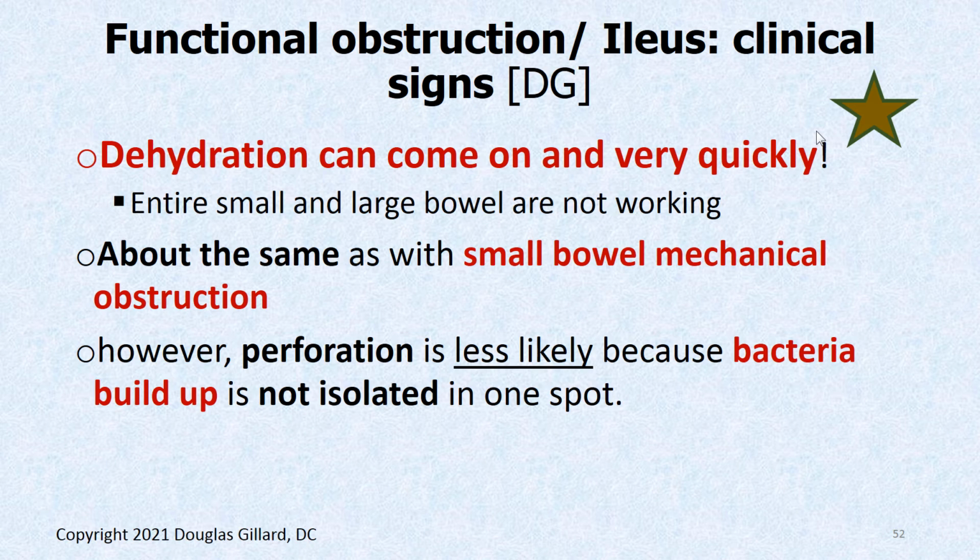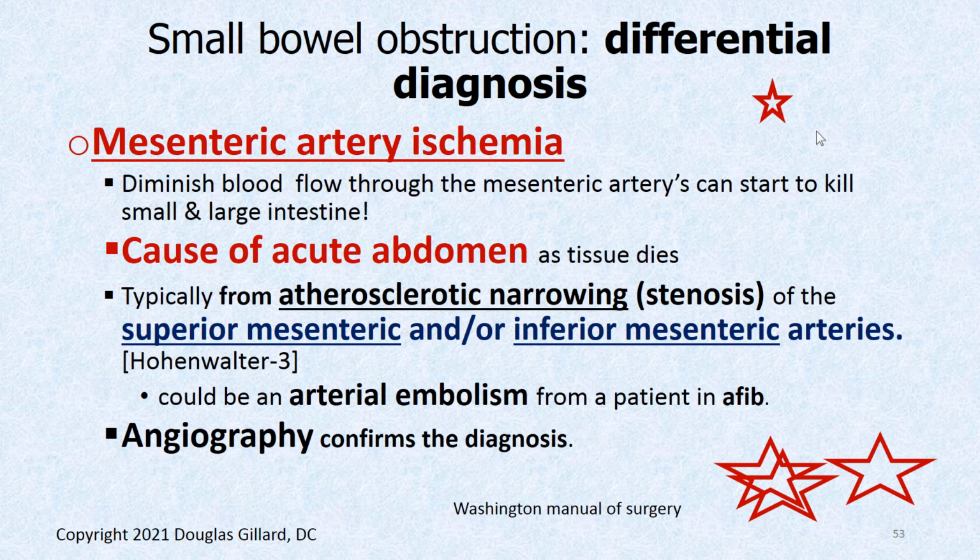And then the other signs are really the same as small bowel, so I won't go through them again, with the exception of perforation is less likely because in a mechanical small bowel obstruction, you have an isolated area that is packed with bacteria, and the inflammation can eat a hole in the intestinal wall quickly. But with ileus, it's spread out over the entire intestine, so the bacteria aren't so concentrated in one spot, so you're not going to get perforation as quick.